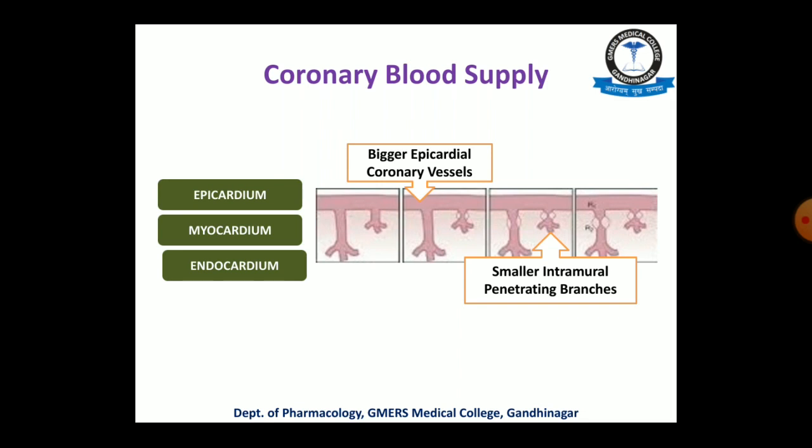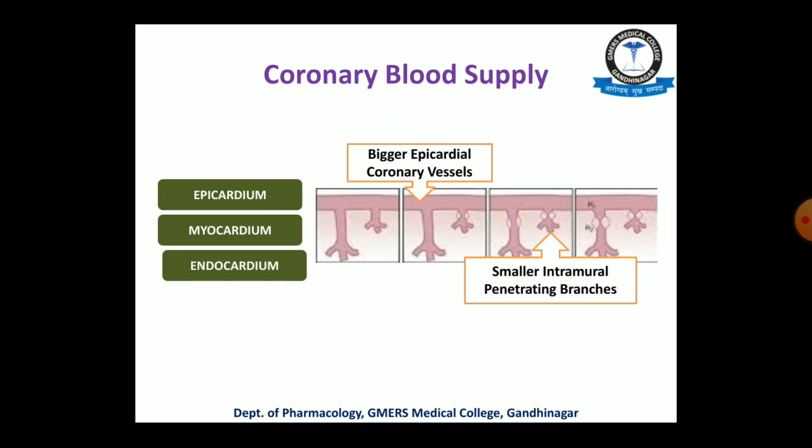And because of the raised ventricular wall tension, these penetrating intramyocardial branches will constrict, they will squeeze, just like the uterine vessels. And because of this, the subendocardial region receives very little blood supply.